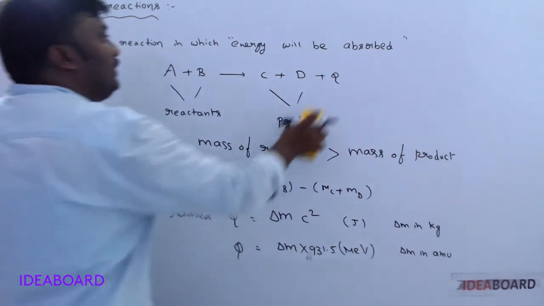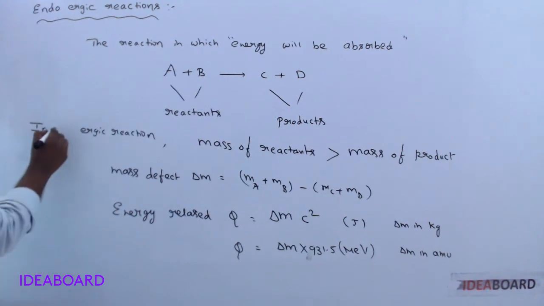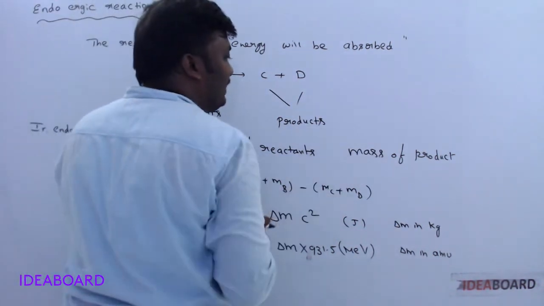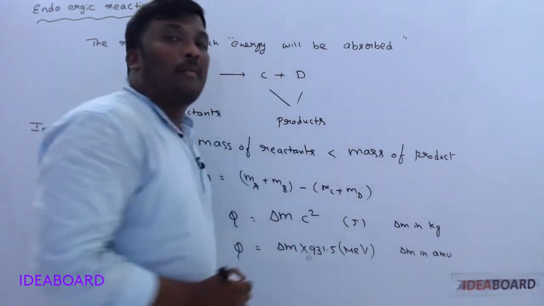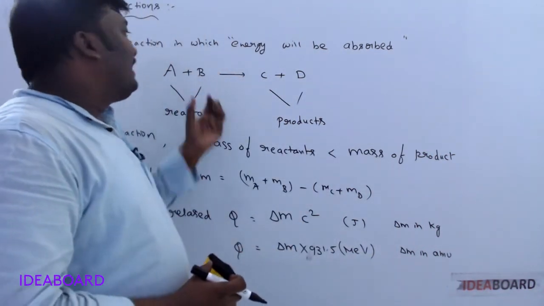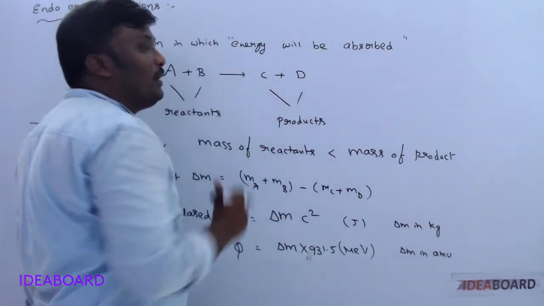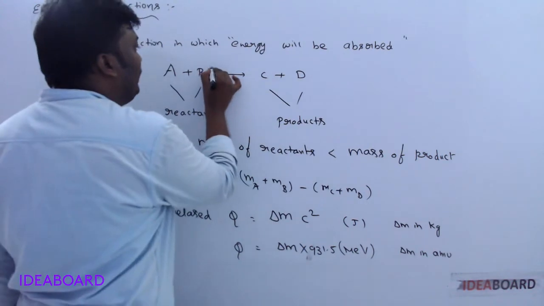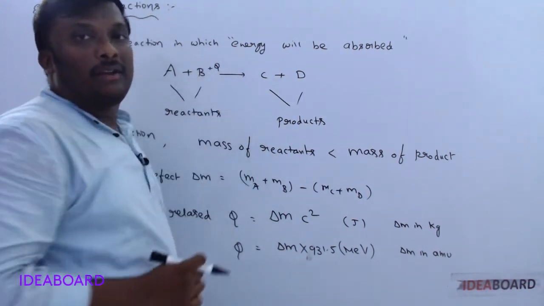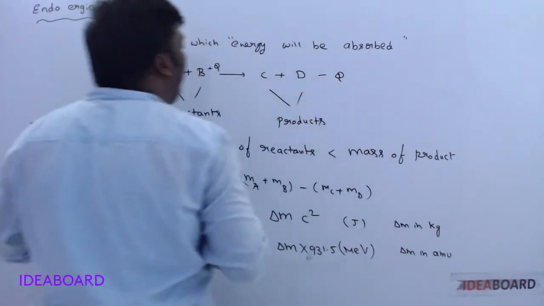In endoergic reactions, the mass of the reactants is lesser than the mass of the products, so the reactants absorb some energy to produce the products. If Q is taken to that side, it becomes minus Q.